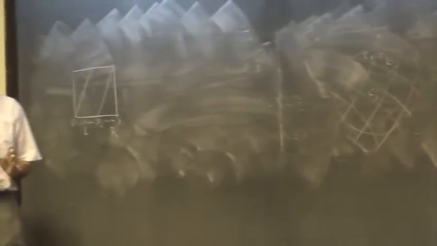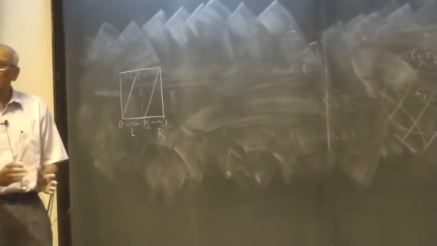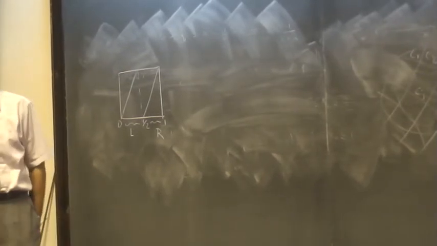But now look at what happens in this simple example. I have just two cells, left and right. I keep track of only whether the representative phase space point is between 0 and half or between half and 1. Nothing more than that.